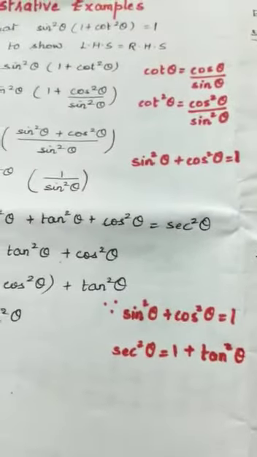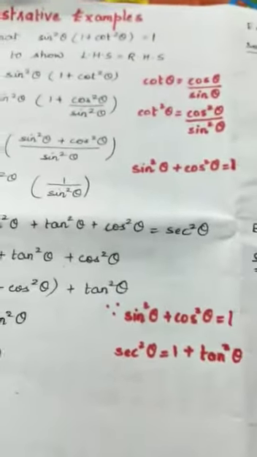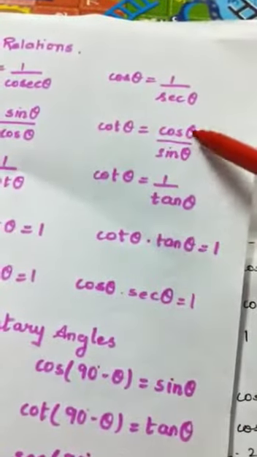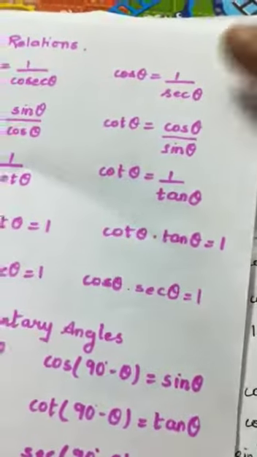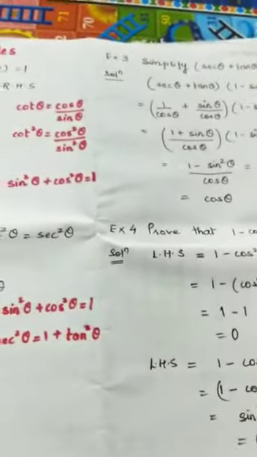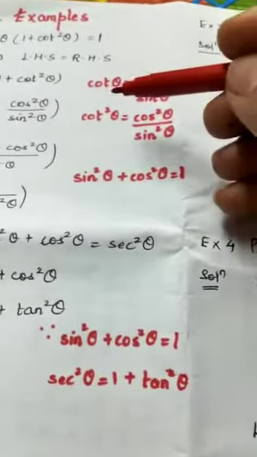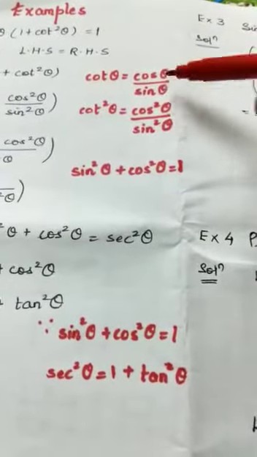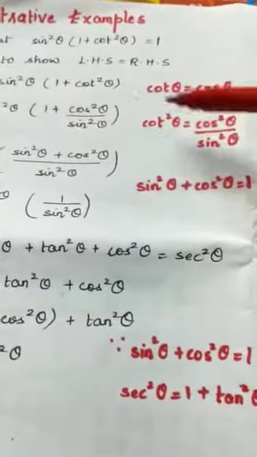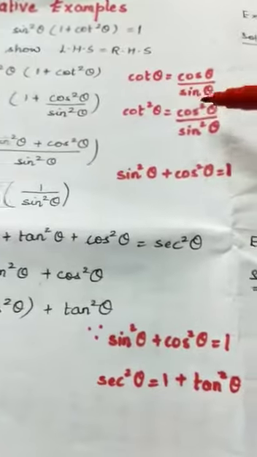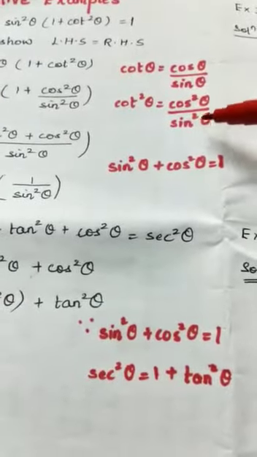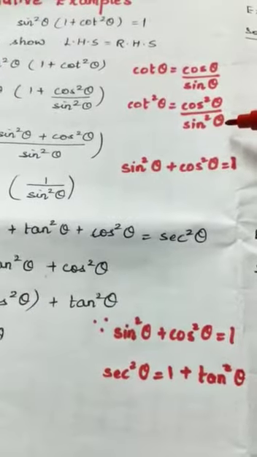You can see the relations. In that it is given that cot is nothing but cos upon sine. Clear? So you have to use all these things to simplify this type of question. So cot theta is equal to cos upon sine; when I write cot square theta, it becomes cos square theta upon sin square theta. Understood?